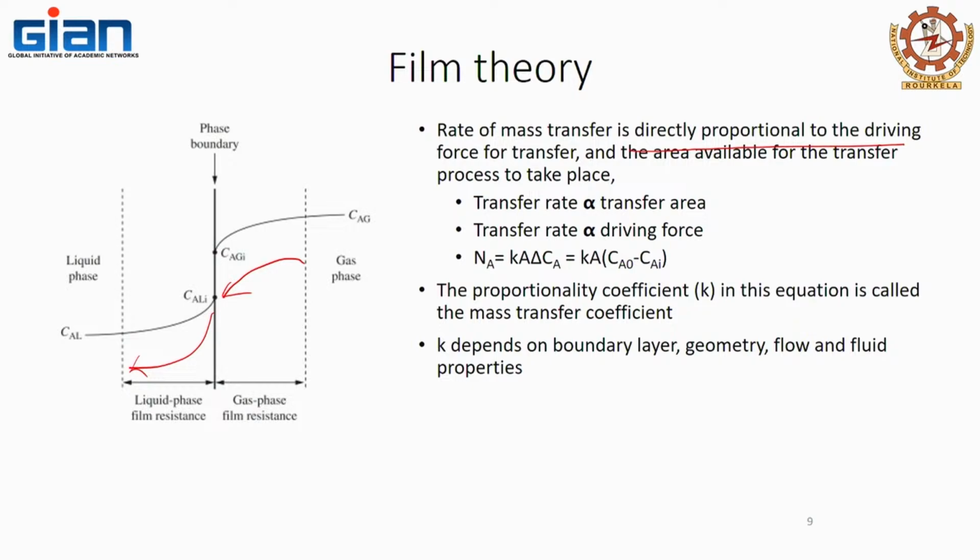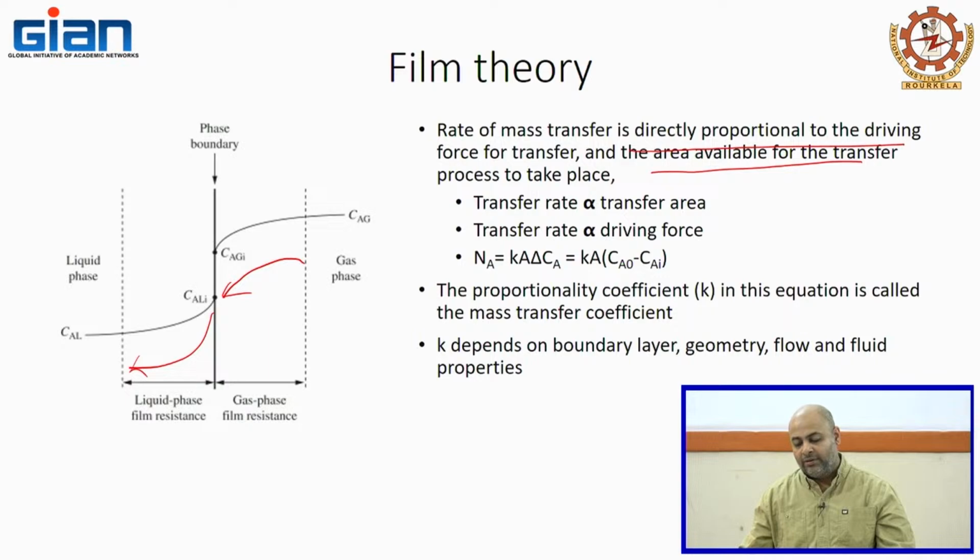If the concentration gradient does not exist, mass does not move. And the available area for the transfer process to take place. Transfer rate is directly proportional to transfer area. The transfer rate is also directly proportional to the driving force. So, driving force is the concentration gradient and the A, the area.